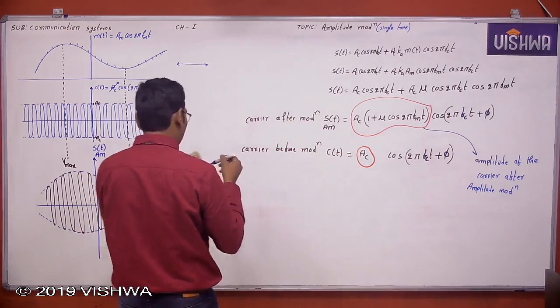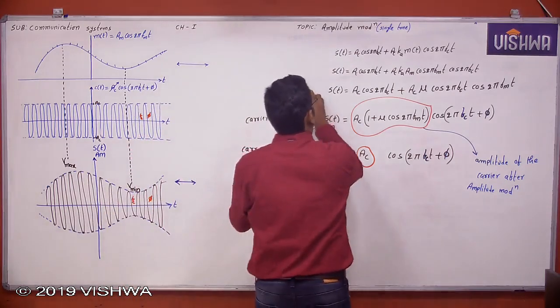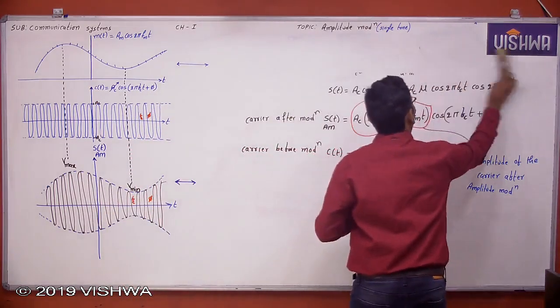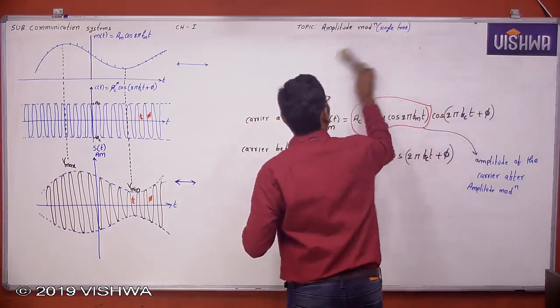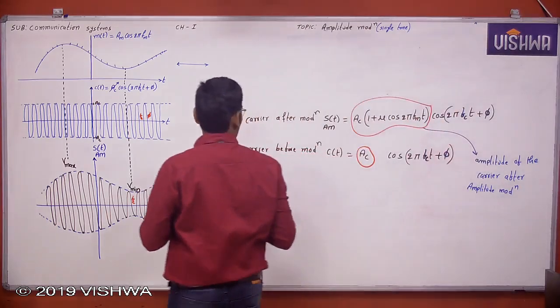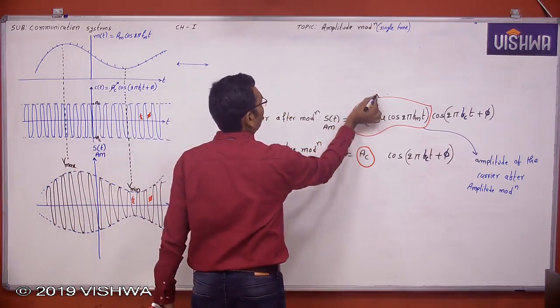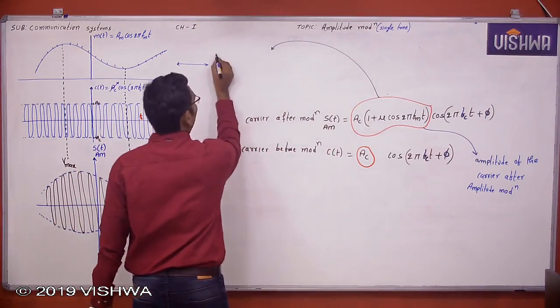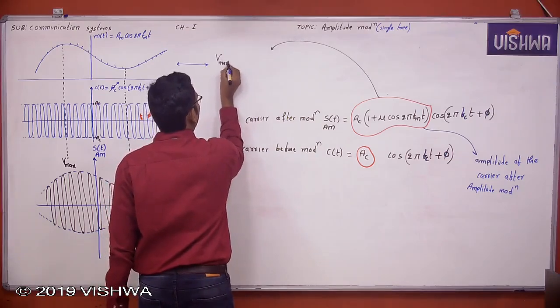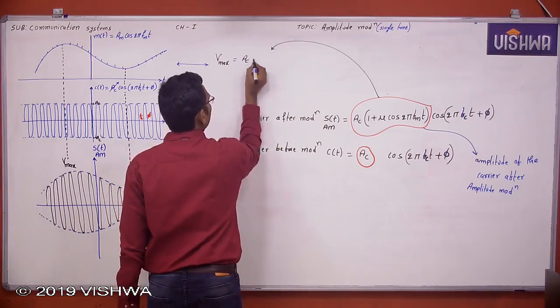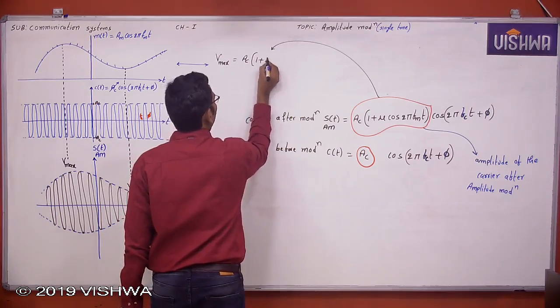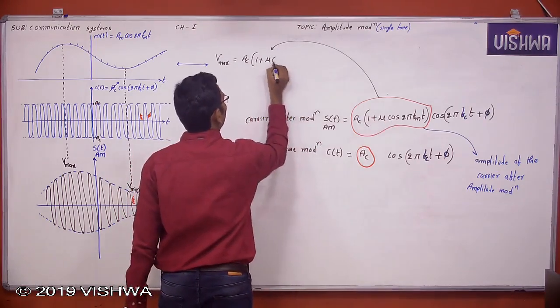Now you can easily calculate it. What is the maximum amplitude of the carrier after AM modulation, and what is the minimum amplitude? From here you can easily identify V maximum. V maximum is nothing but AC into 1 plus mu, since the maximum value of cos is 1.